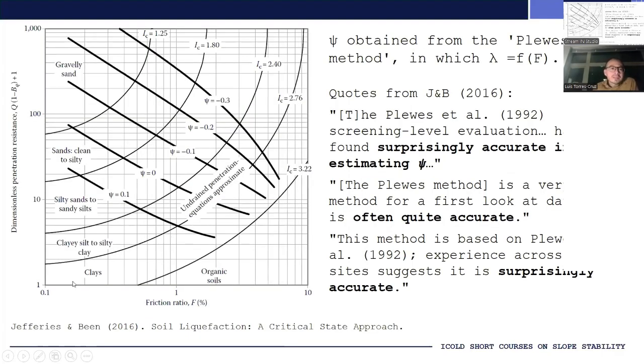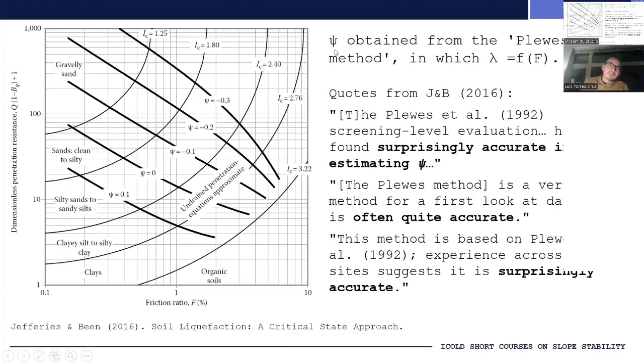The chart proposed by Been and Jeffries, this one that has a space of Q prime versus F, can also be combined with what is known as the Plewes method. The Plewes method aims at giving you an estimate of the state parameter psi.